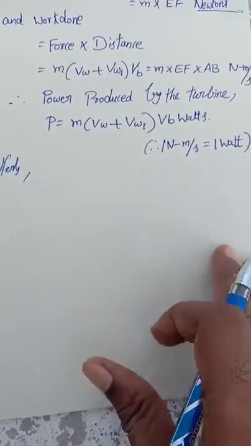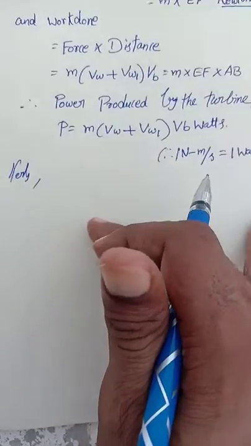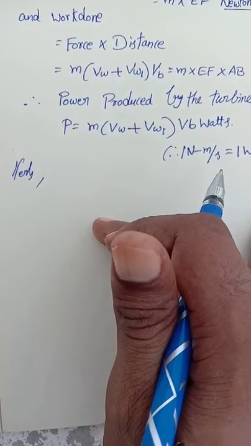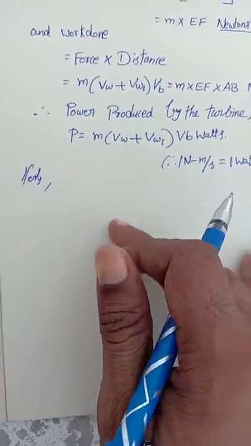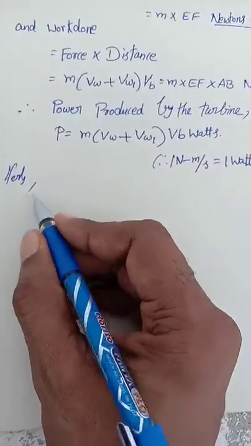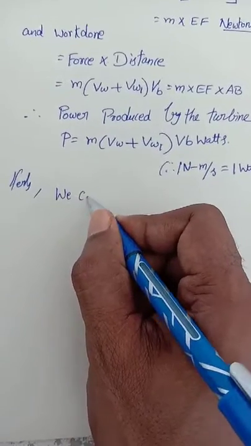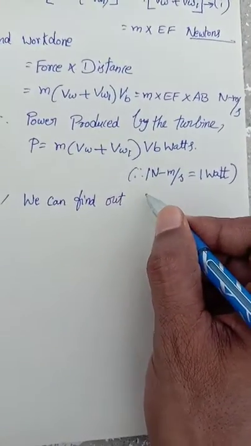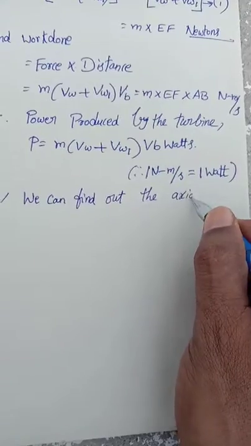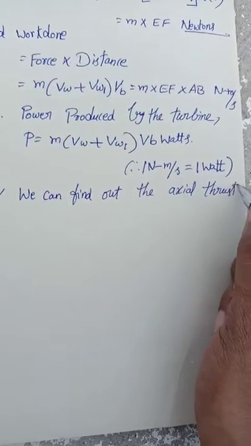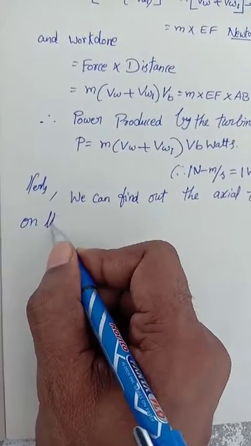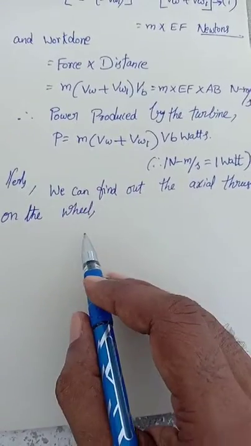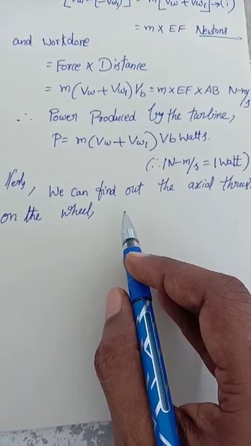Okay, now similarly we can find out the axial thrust on the wheel, which is due to difference of velocities of flow at inlet and outlet.